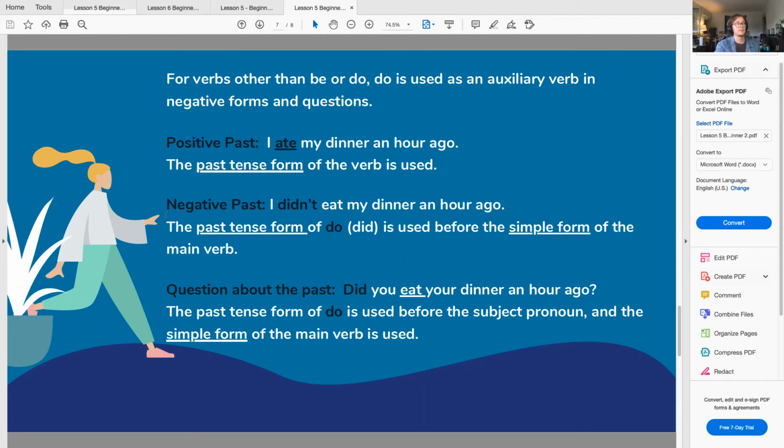The past tense of do is being used before the simple form of the main verb, so you don't need to put it in the past tense. Same with questions. Did you eat your dinner an hour ago? The past tense of do is being used before the subject pronoun and the simple form of the main verb is used. So you don't need to go past simple, you just stay with the simple form when you see did. Whenever you see did, go back to the simple form of the verb.